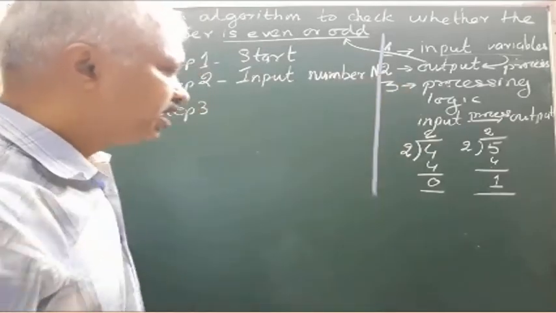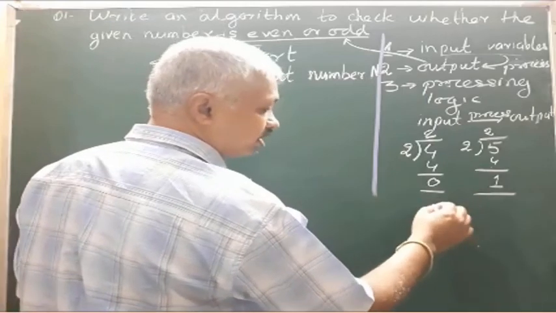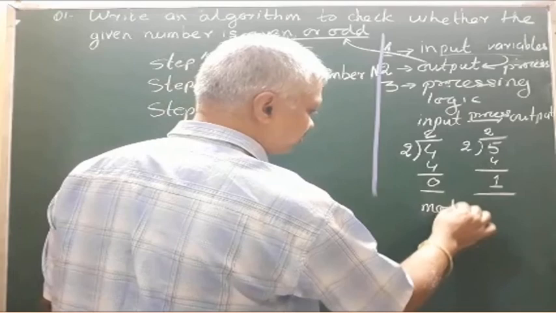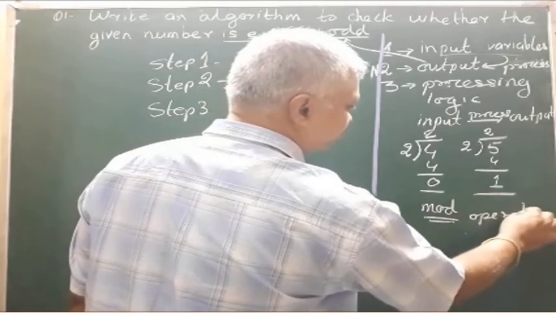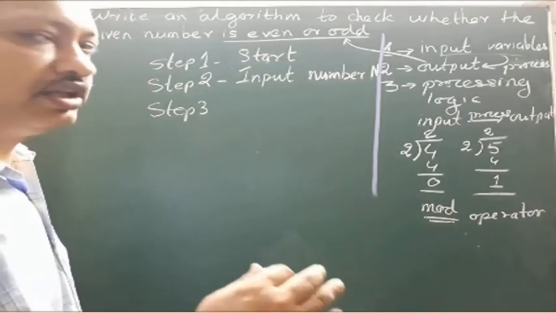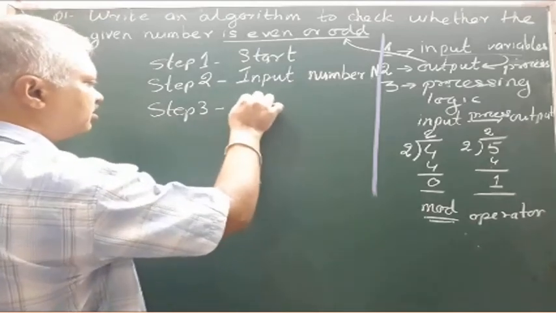We'll take that concept. There is a particular function or operator known as the mod operator, which gives us the remainder when we divide two numbers. So I am going to use that concept here.